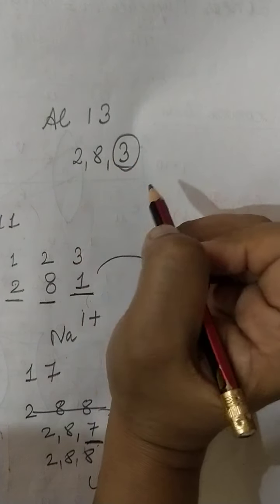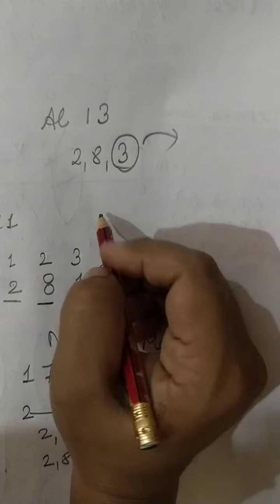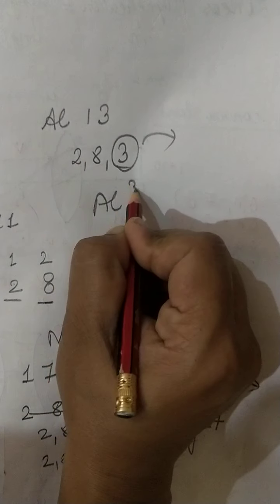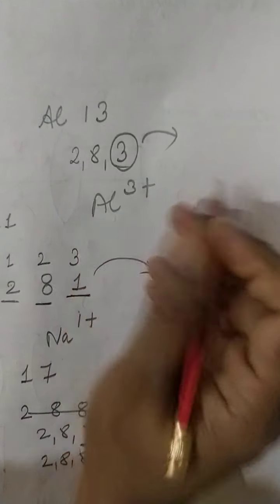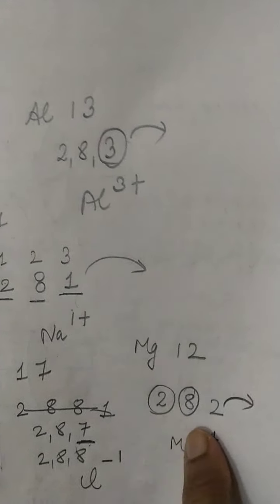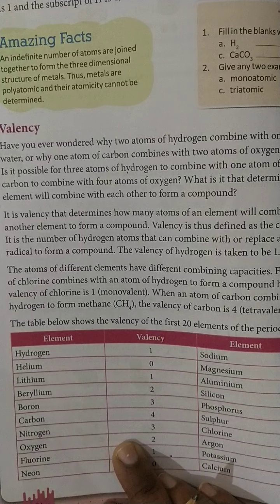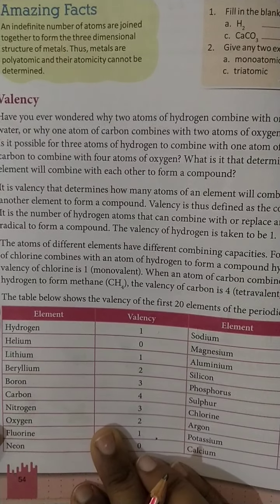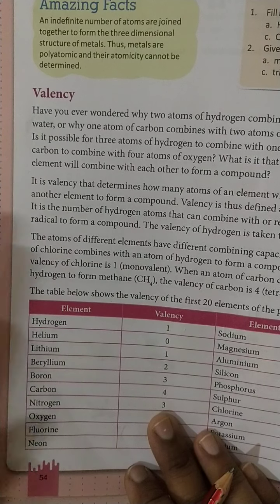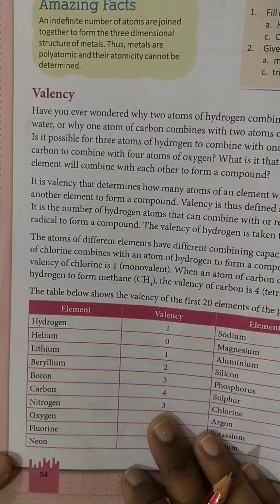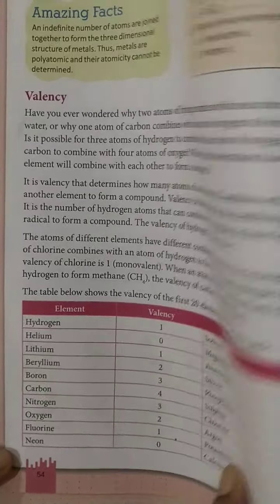So 3 electrons are extra, so it will give 3 electrons to other elements, so its valency becomes 3 positive. You just go through the theory. I have explained everything with the help of this example.